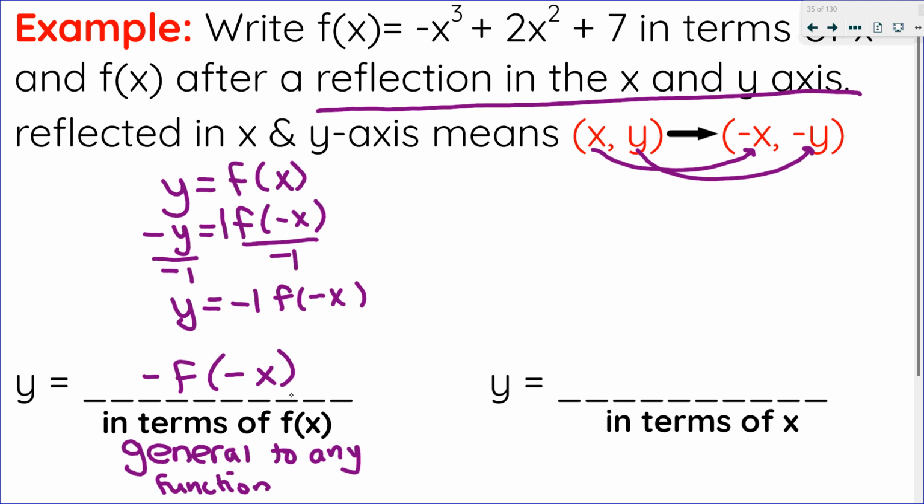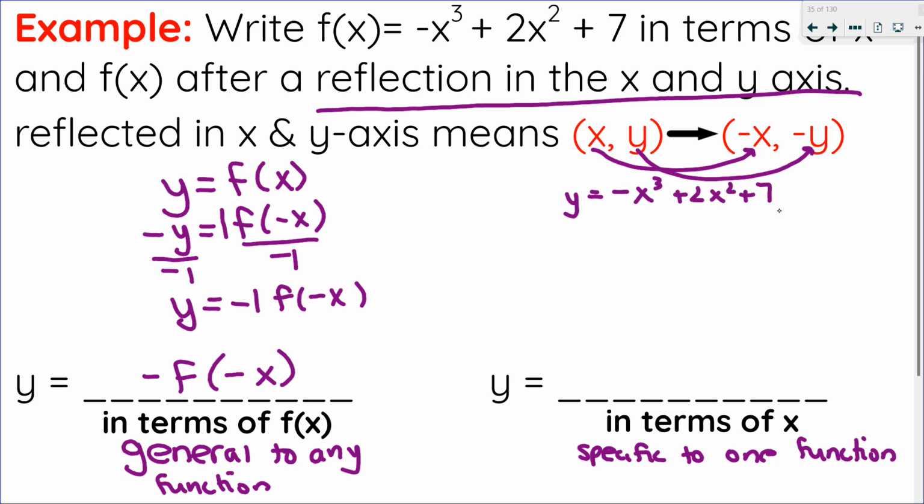Now to write it in terms of x, this isn't in general. This is specific to only one function. In this case, it will be specific to the cubic function. So our cubic function is y equals negative x cubed plus 2x squared plus 7. So to reflect it in both, I replace y with negative y and x with negative x.